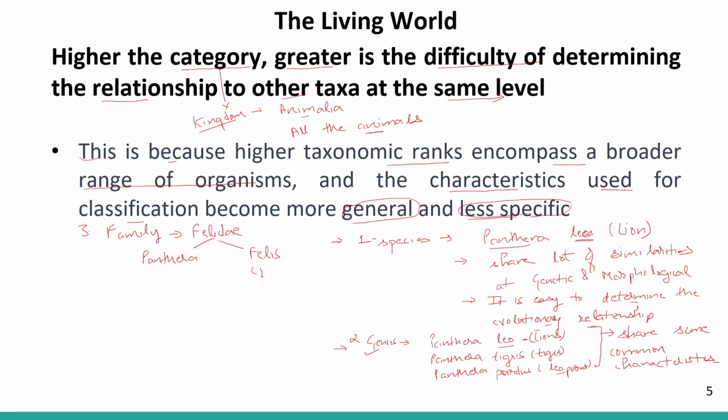Felis is what? Domestic cat belongs to Felis. And here are the big cats like lions, leopards, and tiger. Now you can see again they also share some common characteristics.